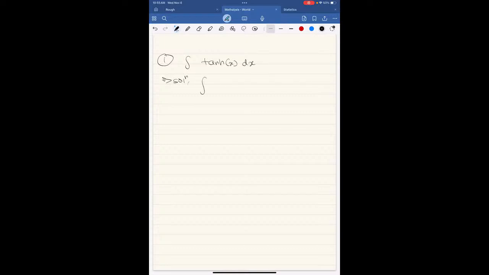First of all, let's break tan x as sin x divided by cos x times dx, right? Now if we let cos x as y, we know that dy by dx for cos x is just minus sin x, right? So we get dy as sin x dx.